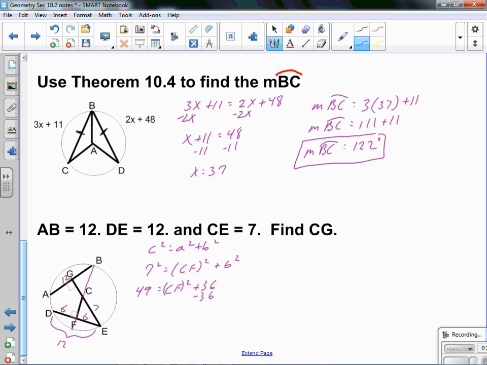Subtract 36. That gives us 13 equals the length of CF squared. And then take the square root.